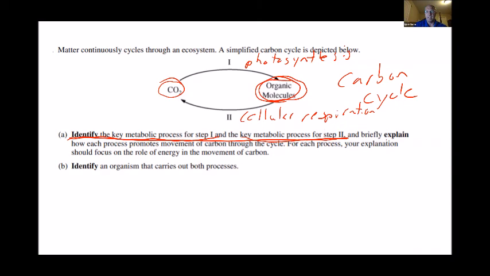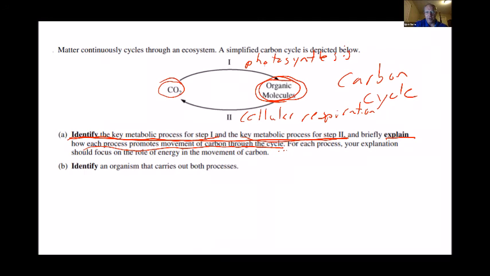Next, briefly explain how each process promotes the movement of carbon through the cycle. Also, for each process, your explanation should focus on the role of energy in the movement of carbon.